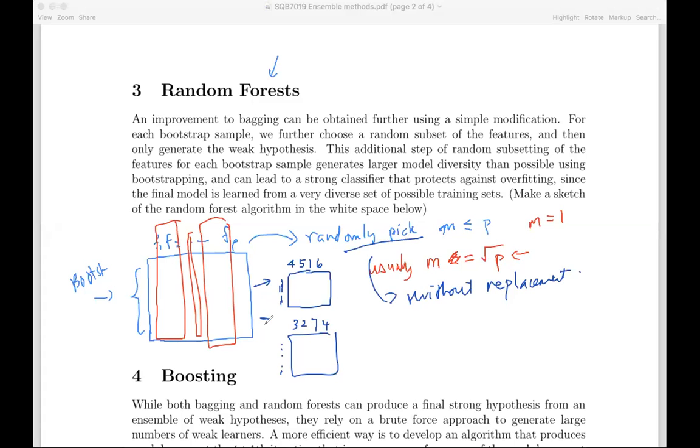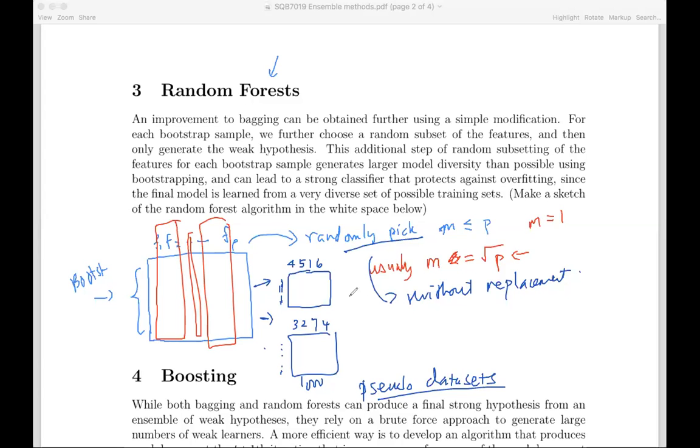Once you do this, let's say 1,000 times, you will have 1,000 such pseudo data sets. They are actually not the real data set, but you're kind of simulating some data sets that might actually occur in practice.